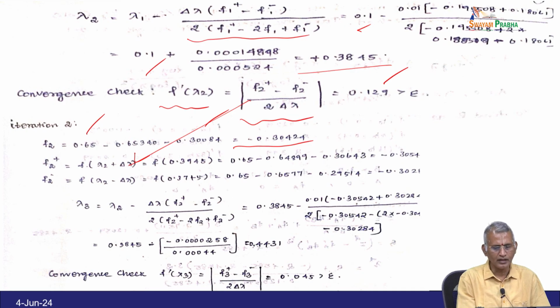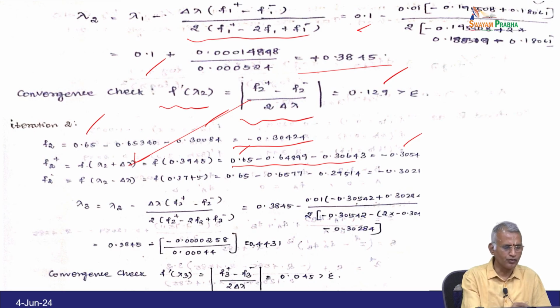and then substitute in the given function, it becomes 0.65 minus 0.64899 minus 0.30643, and then subtract them, you have minus 0.3054.